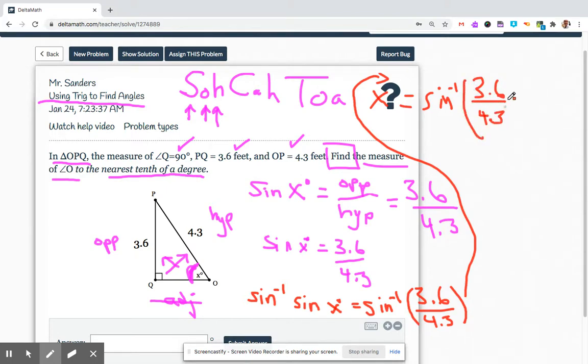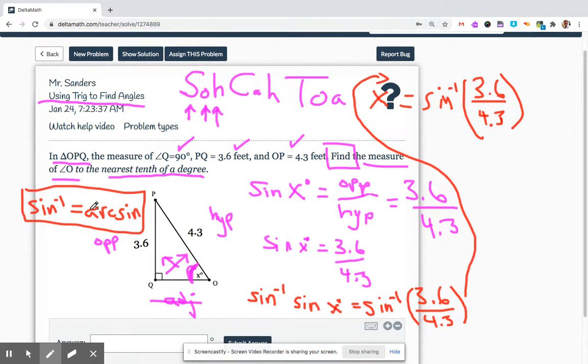Before I calculate this, it's always good to note that sine inverse is the same thing as arc sine. Many times they will use these interchangeably. You want to keep reminding yourself that arc sine and sine inverse mean exactly the same thing. It's just a different way of writing it.